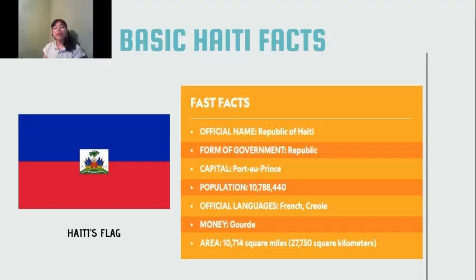The official languages of Haiti are French and Creole. The money that they use in Haiti is the Haitian gourde. The area of Haiti is about 10,714 square miles, which is 27,750 square kilometers. This is Haiti's flag.